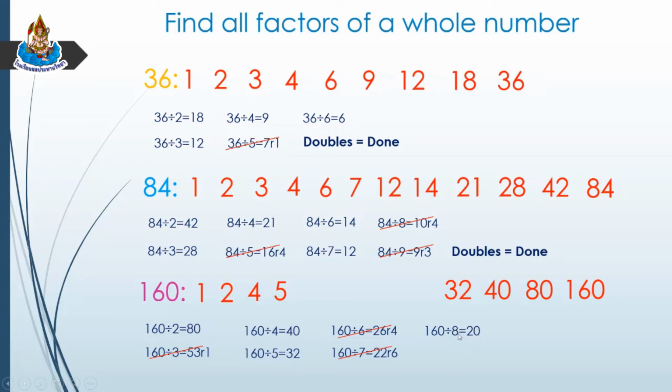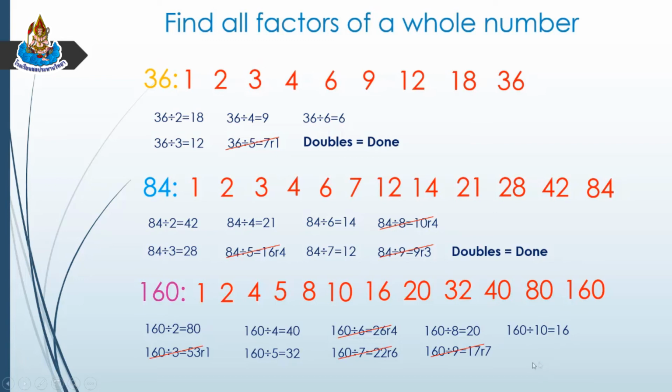So another two factors are 8 and 20. 9. 9 gives us a remainder. So let's cross it. 10. Yes, 160 has 0 at the end, so for sure it's divisible by 10. And another two factors, 10 and 16.